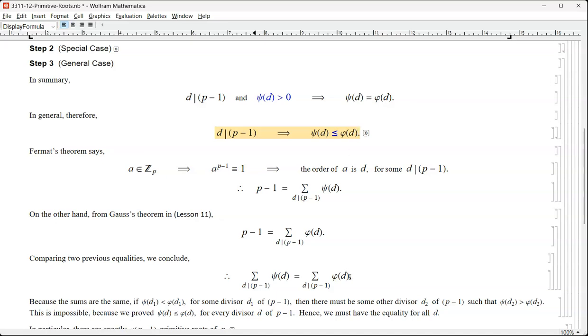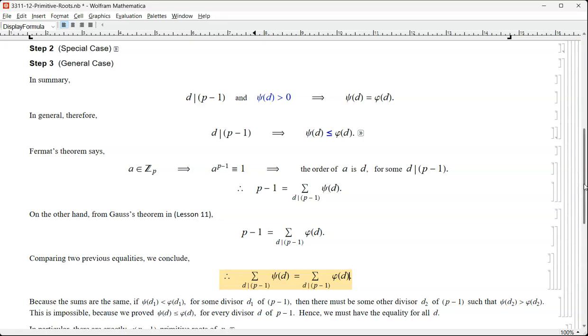And I claim they have to be all equal, because if there's any one strictly less than phi of d, then there's no way to catch up, because everything is less than or equal to phi of d. So unless they're all equal, you would have equal sums with something strictly less. They have to be all equal.